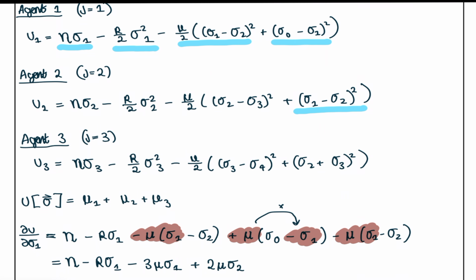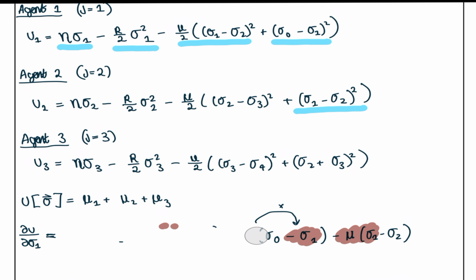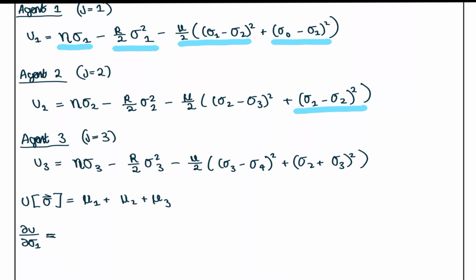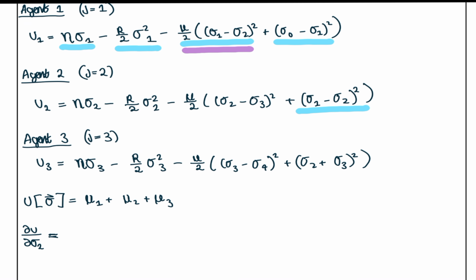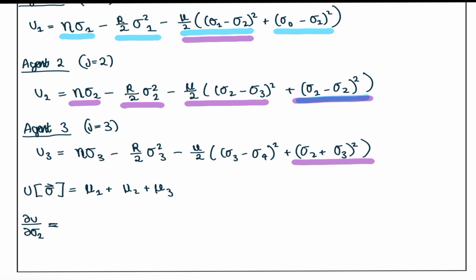If we do the same thing for agent number 2 now, this means that we will have to partially differentiate the utility function with respect to sigma 2. If we highlight all the terms which involve sigma 2, we have this term, these terms, and also this term over here. If we begin by partially differentiating this row, we get eta minus r sigma 2 minus mu sigma 2 minus sigma 3 plus mu sigma 1 minus sigma 2.